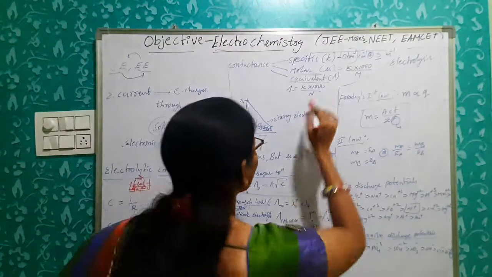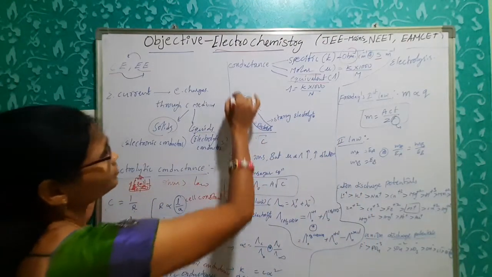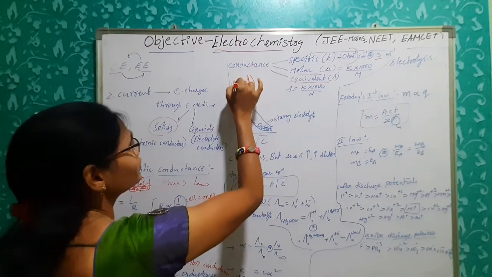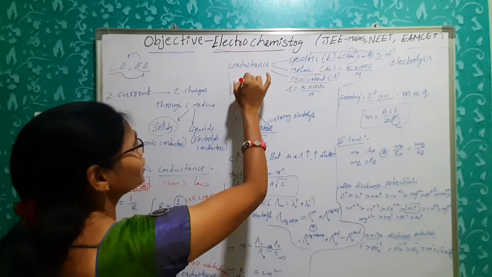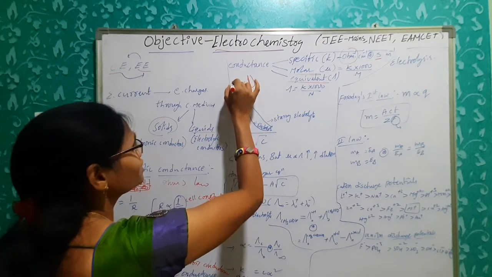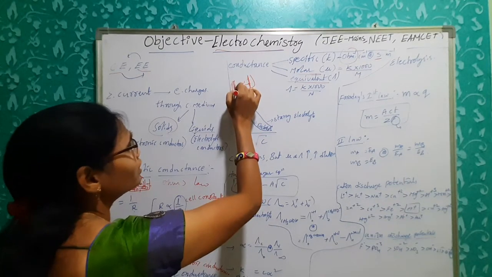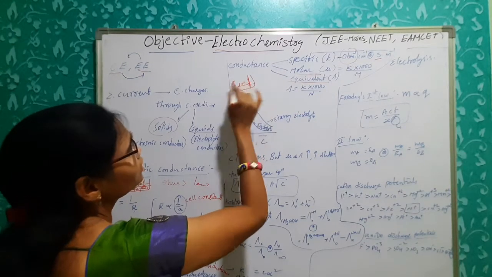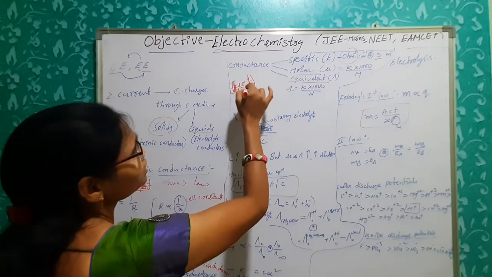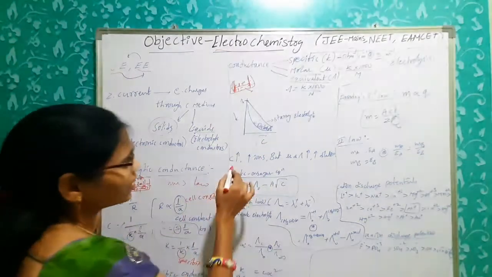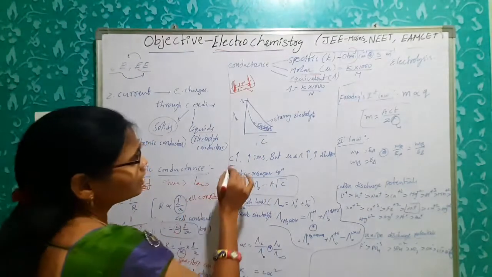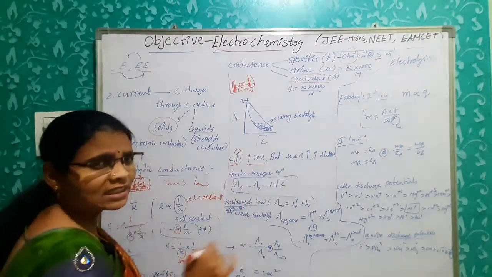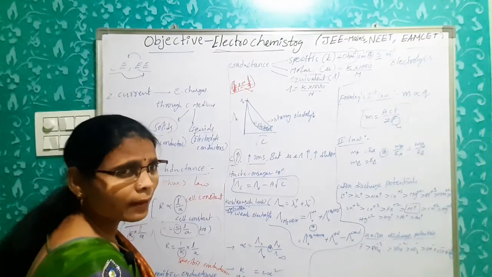In the electrolytic cell, these are two electrodes separated by unit length, L equals 1. The area of cross section, length into width, A equals 1. In that electrolytic solution, listen to me, conductance increases with the increase in the number of ions.